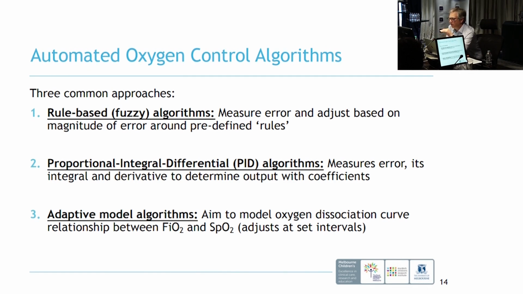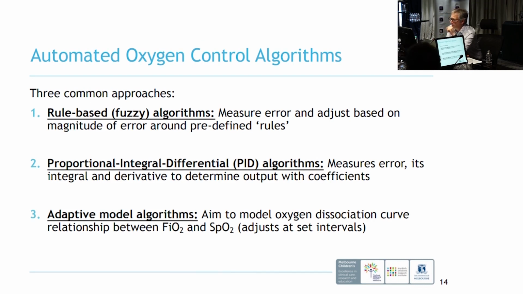And it looks at different components of it and will also put in factors on how quickly it will adapt as well. So it has a little bit more ability to be reactive or not reactive. So obviously if you are in 21 to 25% oxygen, you don't need the ventilator to be changing oxygen quite as dramatically as if you go from 40% to 80%, where as a clinician you'd want it to go very quickly.